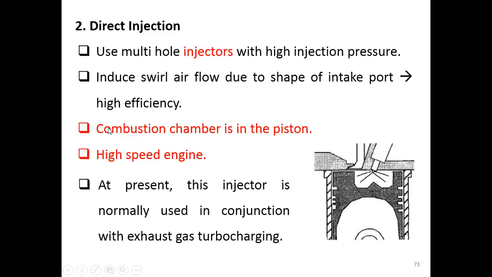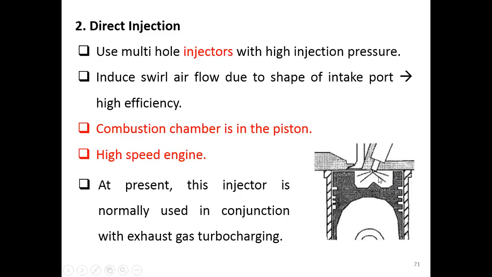Okay. Another thing is you can see from these pictures, the combustion chamber is in the piston. On the top of the piston, they dig a hole for some portion in order to create the combustion chamber here.